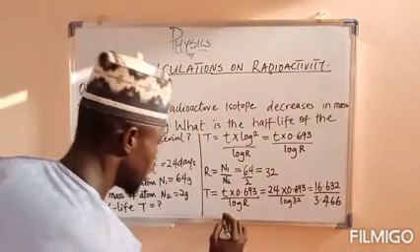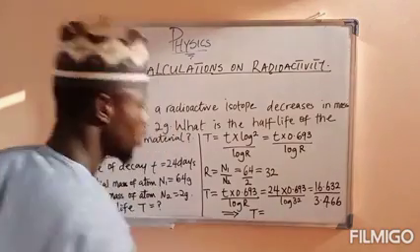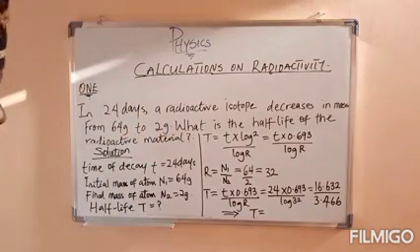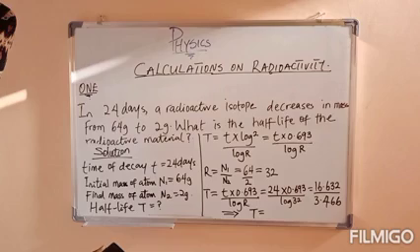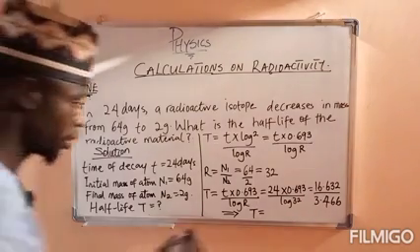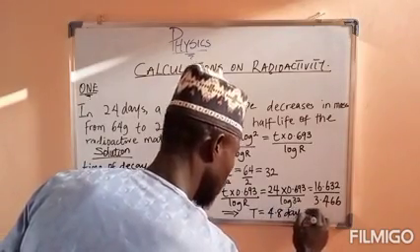Which implies half-life T is equal to 16.632 divided by 3.466. That will give us approximately 4.8 days.